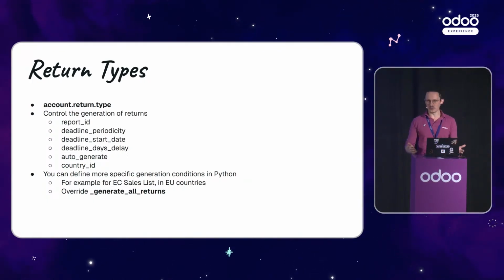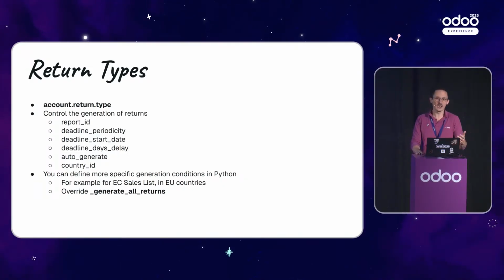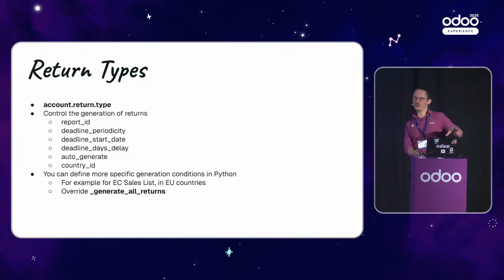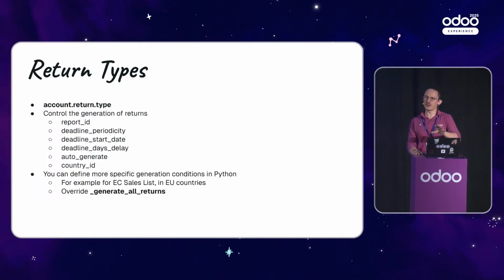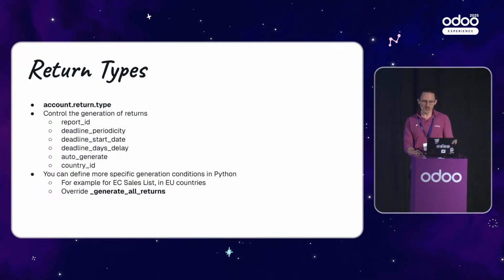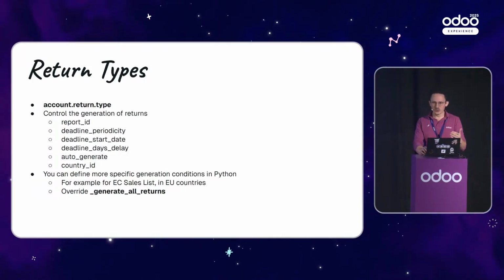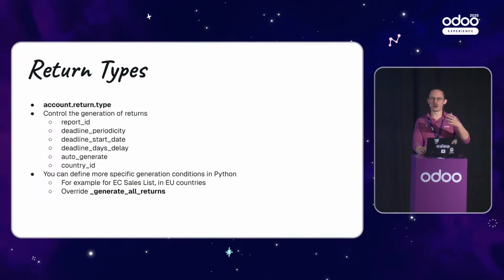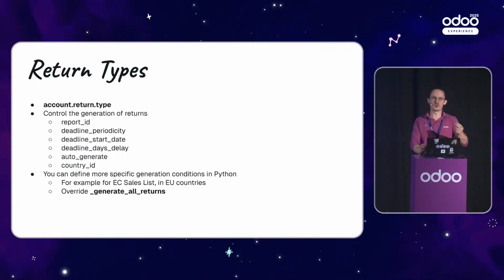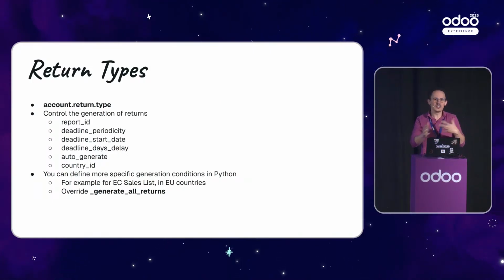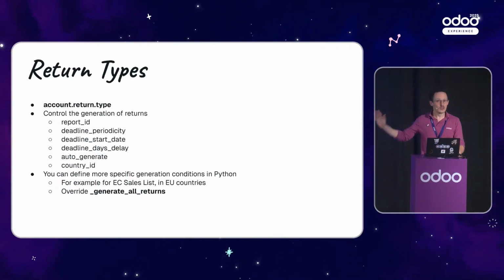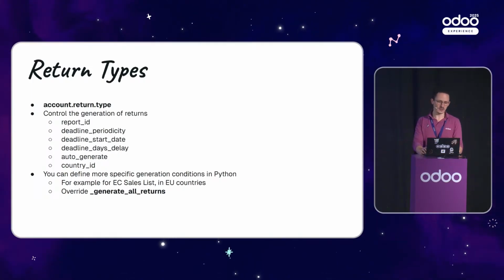So that's why we made a Python override, checking that it is interesting to generate this report. Essentially, we just check what kind of operations we have in this period, then we know we need to generate the EC sales list. That's it. So if you need more advanced, more specific reports with advanced conditions on when they need to be submitted, doing an override here is perfectly fine.